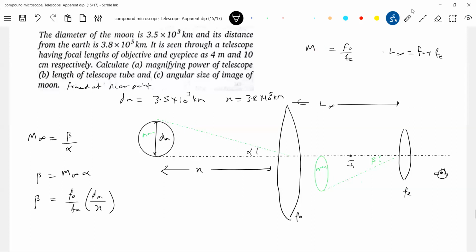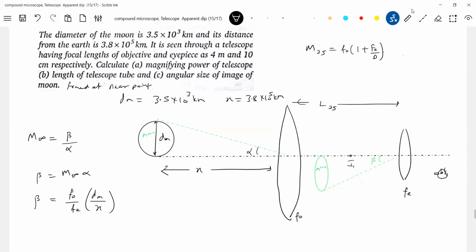What is the formula for M25? F naught by Fe into 1 plus Fe by D. Am I right? Okay, so what is the L25 now?